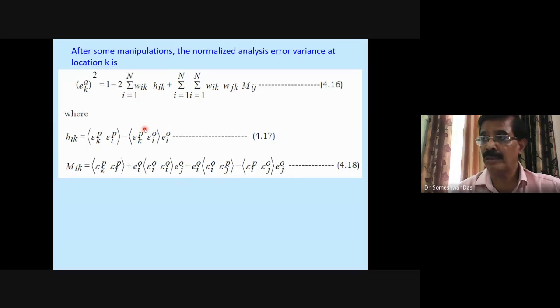I mean, they're trying to compute or consider the error of one location onto the other location also, because each point can influence the other point, both horizontally as well as vertically, right? So we are trying to be more and more realistic, because we are saying that the observation error of a neighboring area can also influence your point.